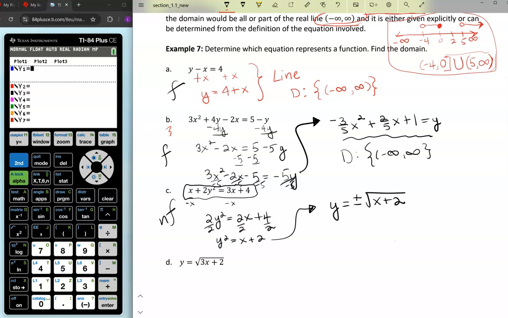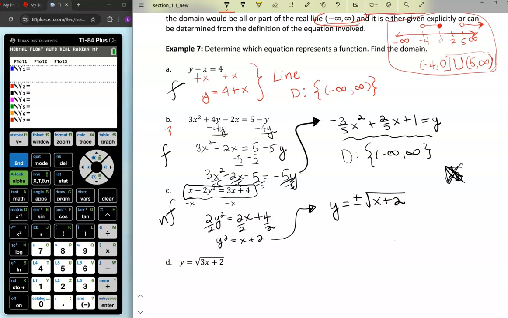Because this is a square root, and you remember that with square roots, you cannot have negative values. Unless you're going to talk about something called imaginary numbers, you cannot figure out the square root of a -3 in a real number system. Nope, not going to happen.